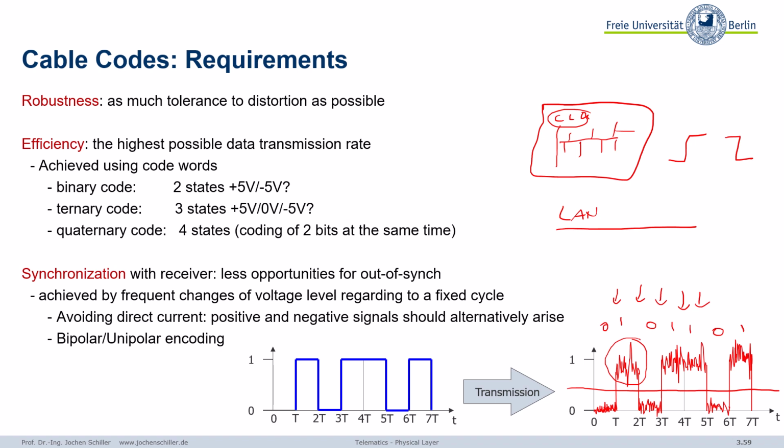And in an ideal case, the positive and negative signals should alternatively arise. That's the ideal case. And we want to avoid this direct current. We learned this. We don't like direct current. So there are different ways of coding. And some of those codings, they allow for the synchronizations. And some others do not.